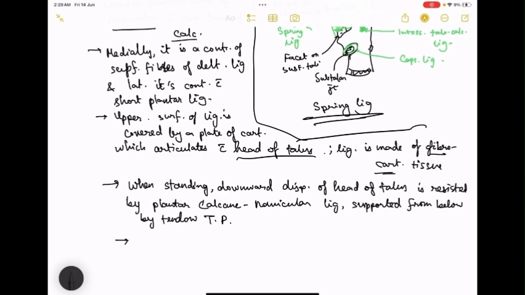So actually this happens, okay, this is not believed, this happens, okay, and on standing, the ligament is stretched and lessens. Now I want to focus on these 2 points, okay, this point which I'm writing and the previous point.